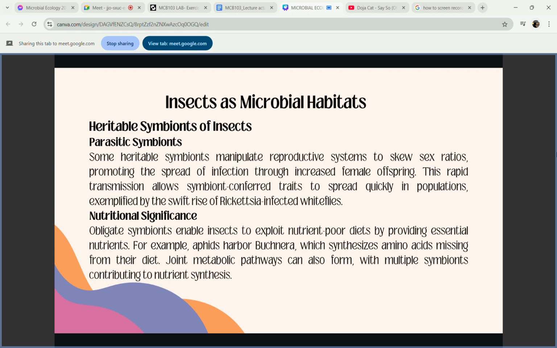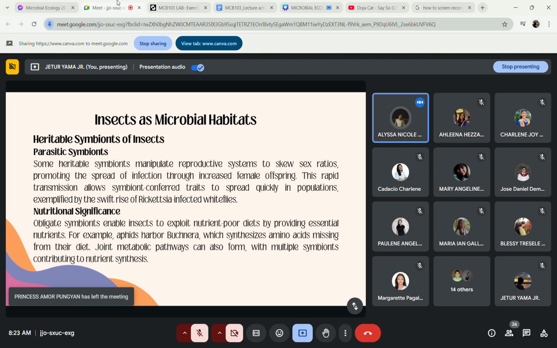For parasitic symbionts, some heritable symbionts manipulate reproductive systems to skew sex ratios, promoting the spread of infection through increased female offspring. These rapid transmissions allow symbiont-conferred traits to spread quickly in a population, exemplified by the swift rise of Rickettsia-infected whiteflies.